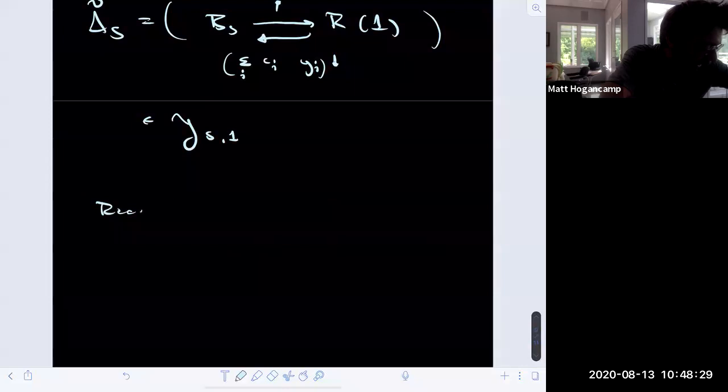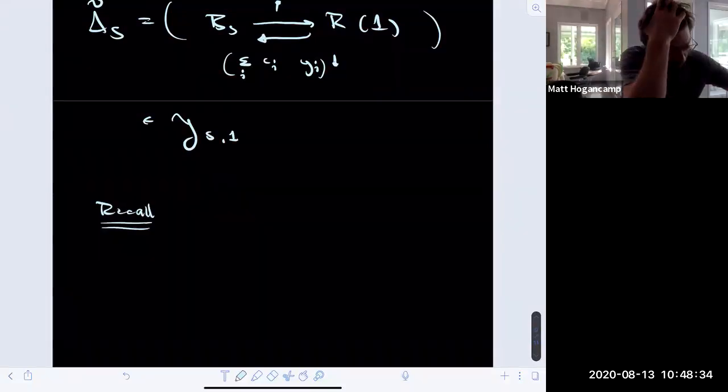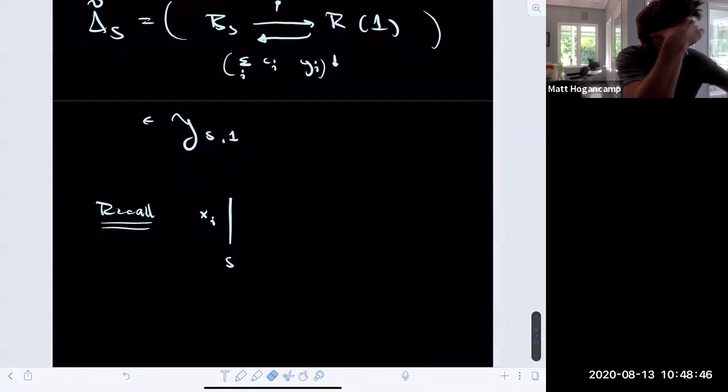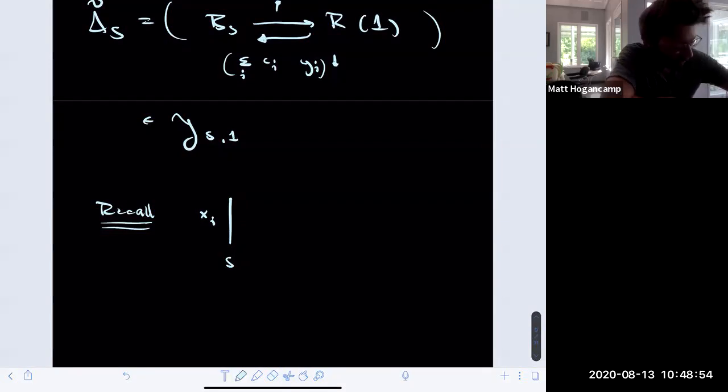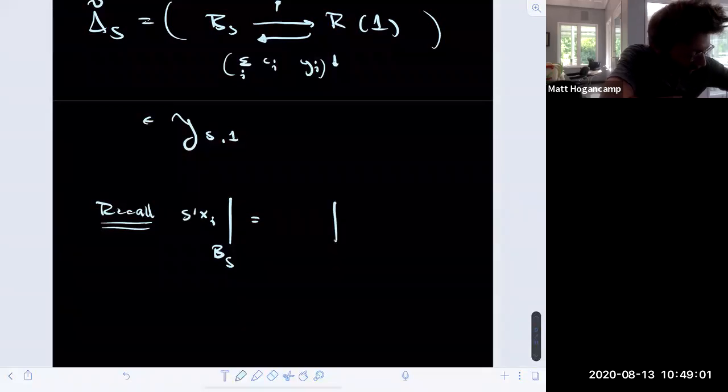recall, and I know I haven't really introduced the Elias Williamson calculus, but if you allow me some shorthand, in the Elias Williamson graphical calculus, we have these relations that say the action of a polynomial on the left of this bimodule BS is equal to the action of S of that polynomial.